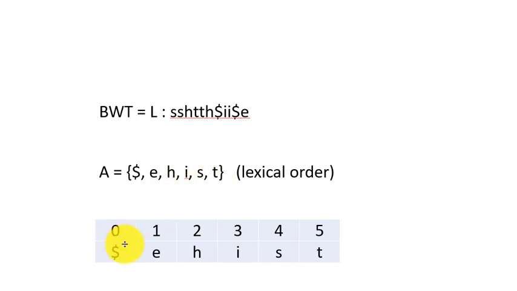Then we simply make a table from 0 to whatever number of elements here. So from 0 to 5, because I have 6 elements here, so we start from 0 until 5, and for each element we correspond to one number.